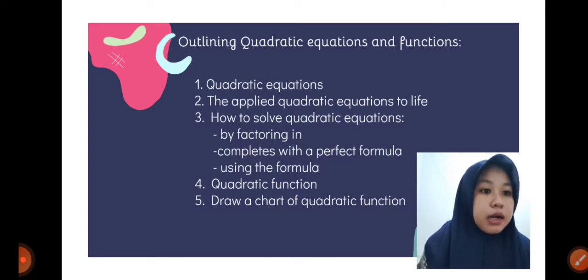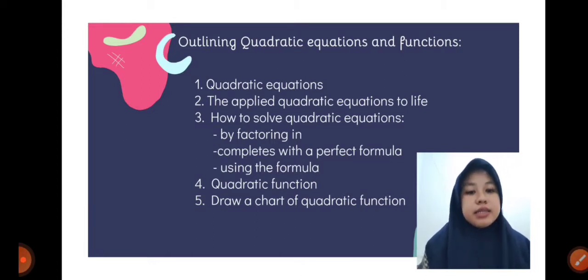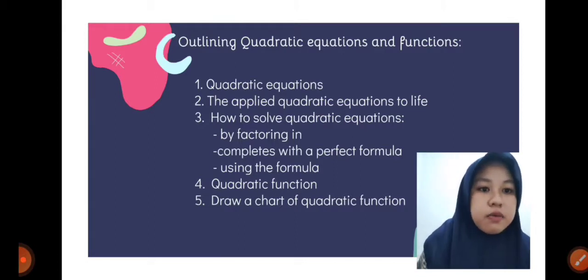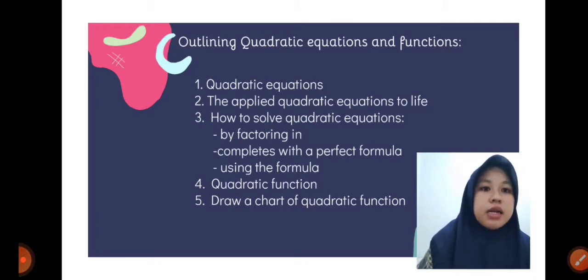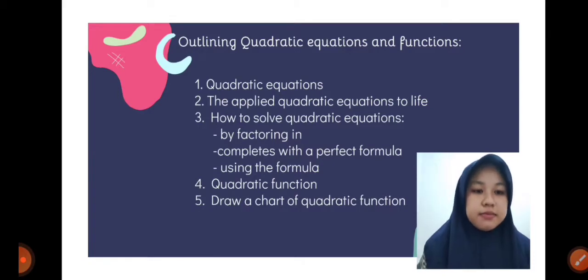There are 3 ways to solve it: by factoring, completing the perfect square, and using the formula. And then the next outline is quadratic function, and drawing a chart of quadratic function. This is the outline of quadratic equation and function.